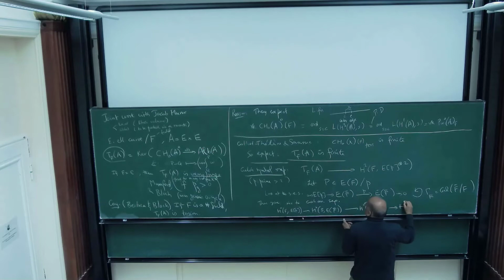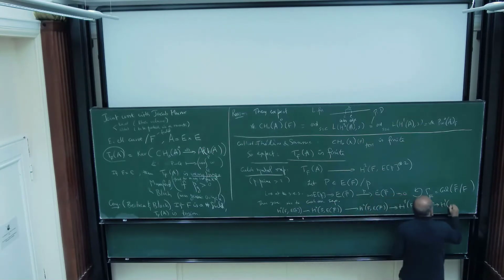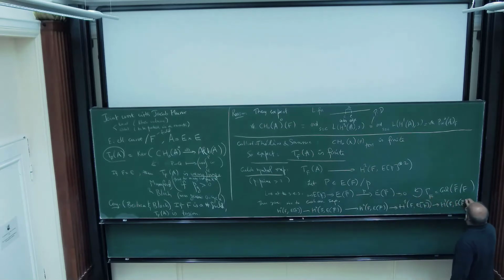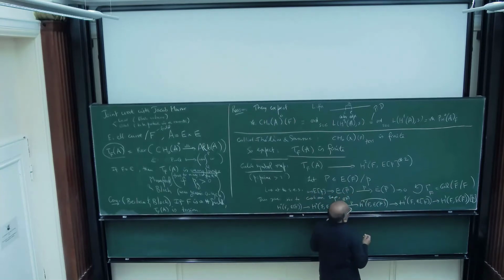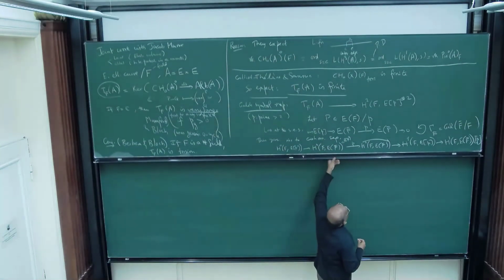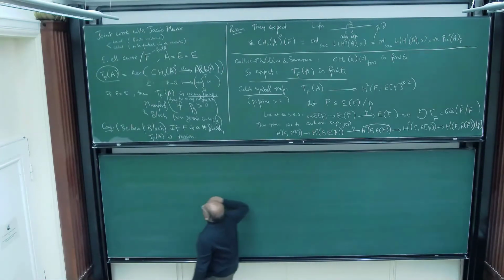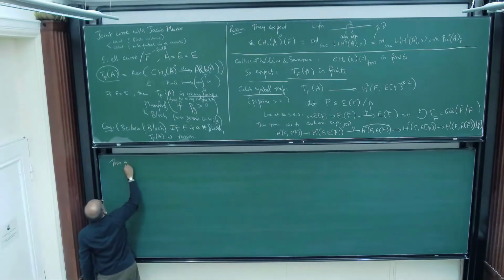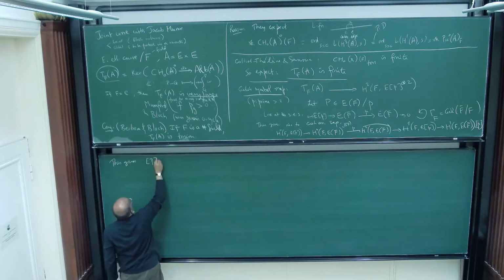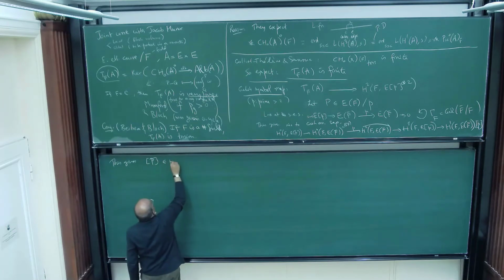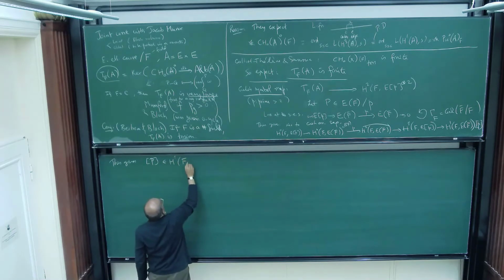And then it goes to H1 of F, E of F bar bracket P. So this is just E of F, and this is multiplication by P. What it does is that this gives a class, which I'll write like this, in H1 of F with coefficients E of P.